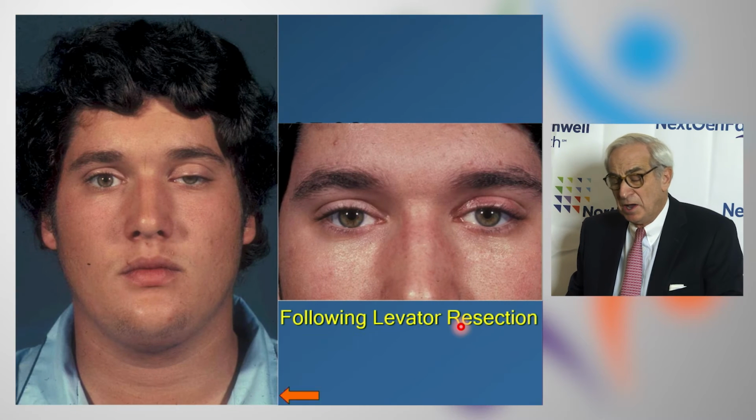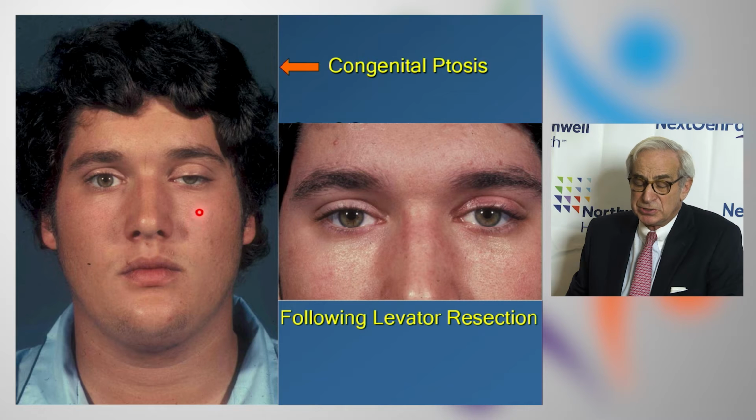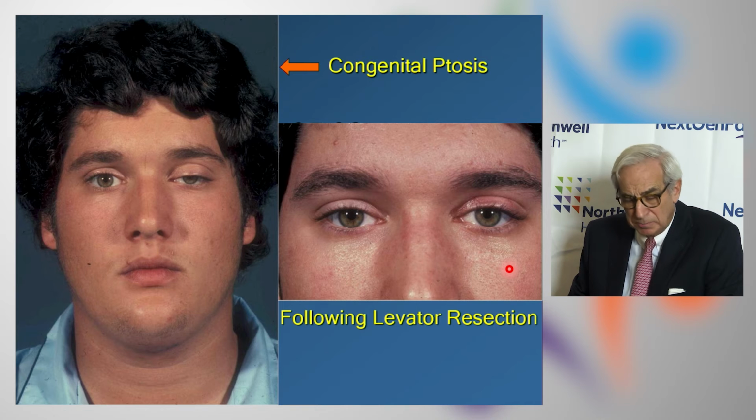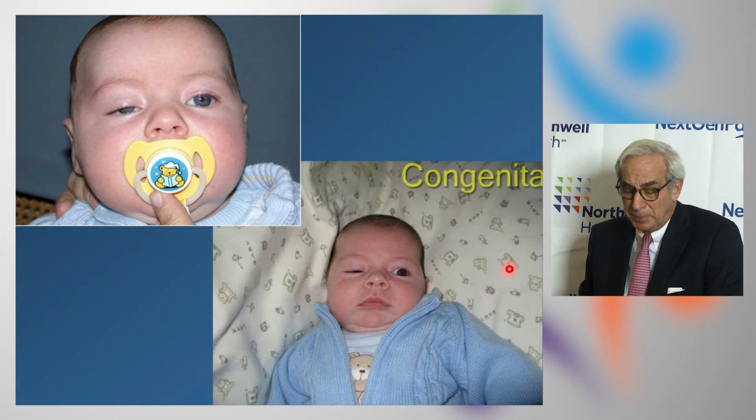So this is another very common overlap. But with most congenital ptosis, we tighten a muscle to the upper eyelid, the levator muscle or the levator aponeurosis. And this is, again, an inexact science, can take multiple surgeries, and you'll never get symmetry, but what you'll get is improved symmetry. But this is different in craniofacial patients.